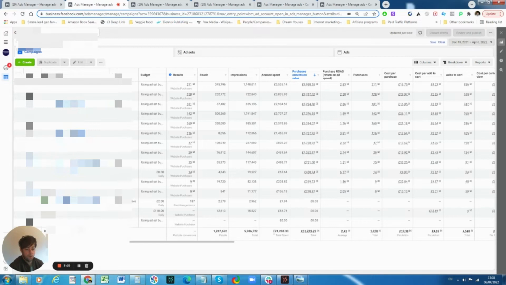So far we've spent a total of £21,288.33, and we've returned £51,289.29, a return on ad spend of 2.41. These are the purchases. We've just hit over 1,000.